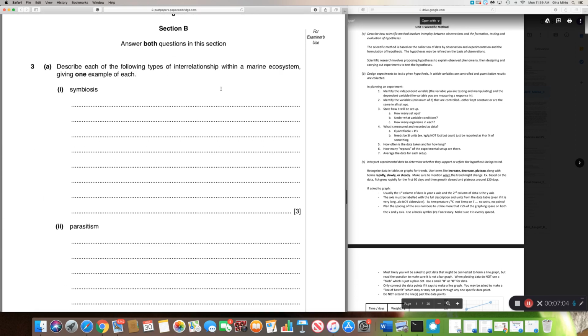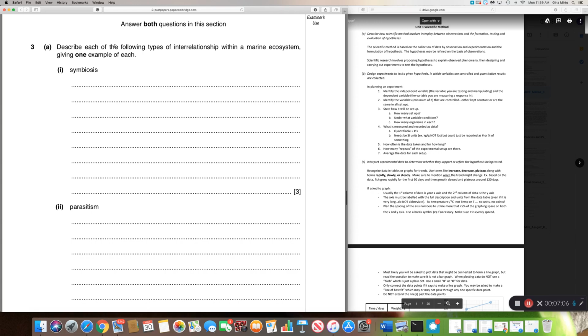So what I want you to do here is, it says describe each of the following types of interrelationships within a marine ecosystem, giving one example of each. First thing you do is describe the relationship. Symbiosis is a relationship between 2 organisms of different species living in close physical association where, now you can explain mutualism, where one benefits and the other benefits from the interaction.